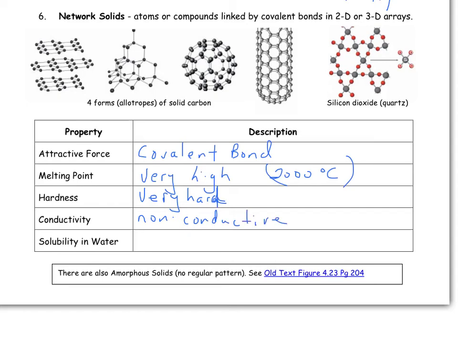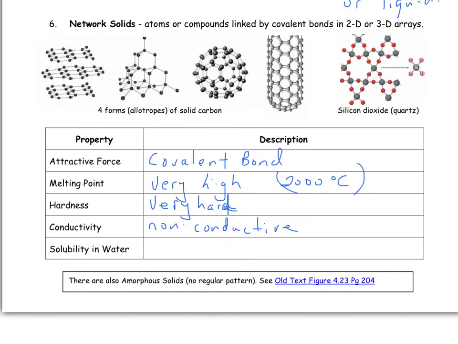Solubility in water: I have to take an atom or a molecule that's nonpolar and attach it to a polar water. I'd have to use a dipole-induced dipole. Because that's a weak force, I have low solubility.